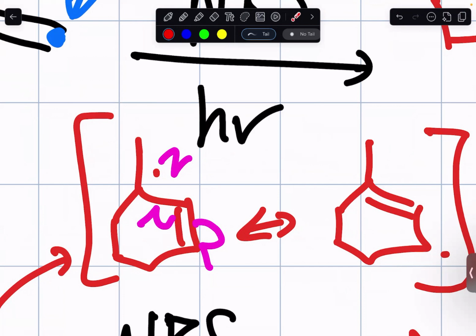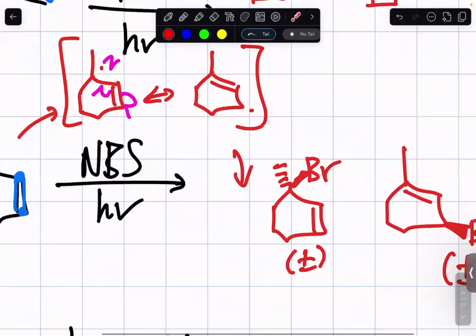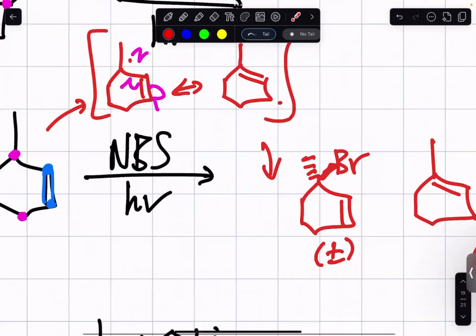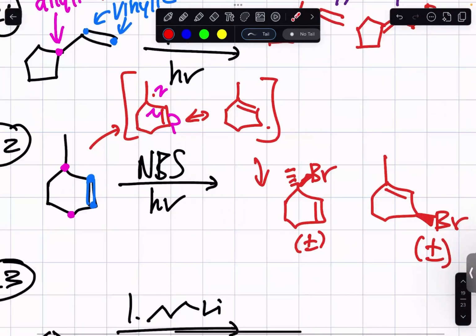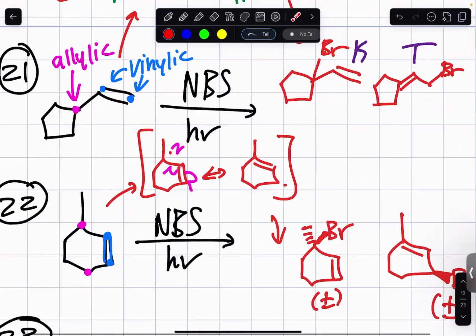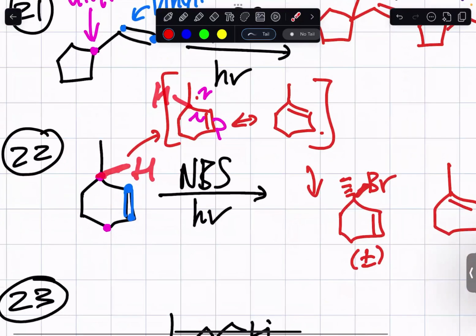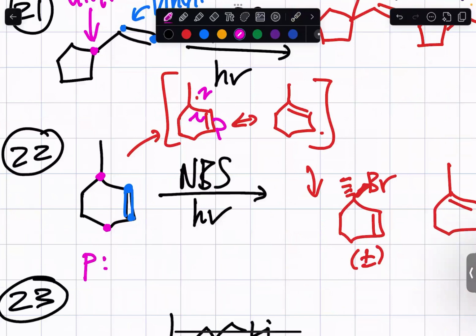Why won't the H opposite to the methyl be removed? Oh, this H right here. So this H is removed because somewhere in the propagation step, right?